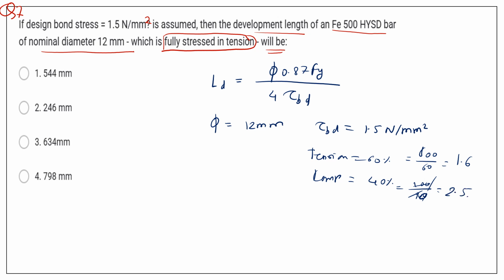So these are the multiplying factors for this tau BD, 1.6 for tension and 1.4 for compression. Then the next given value is Fy, which is equal to 500.